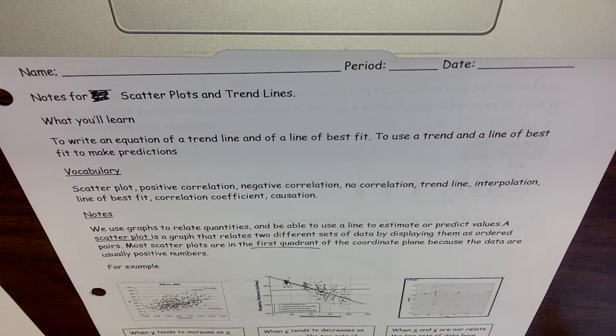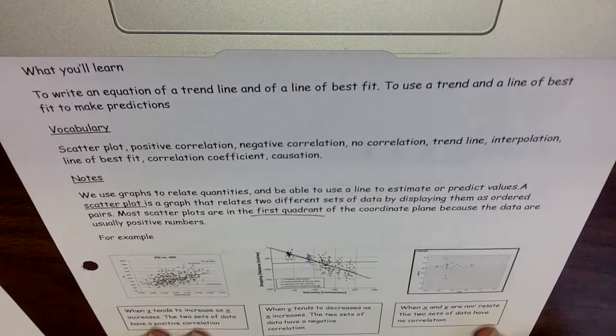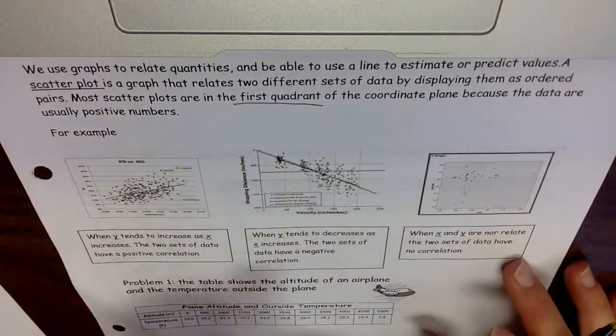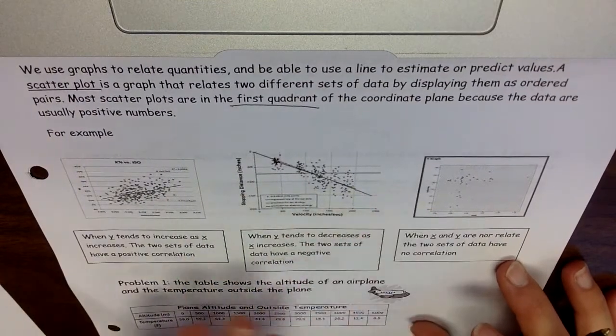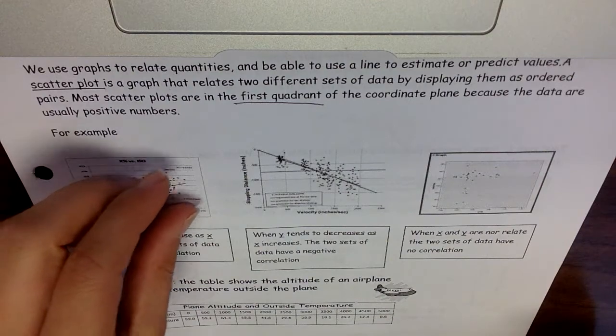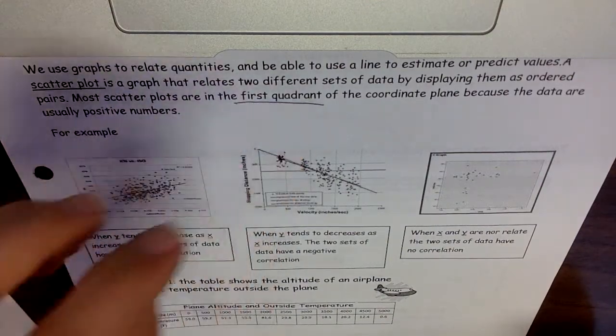Now, a scatter plot is going to have a correlation. So you should see these three graphs. These are examples of different correlations. In this first one, if you notice, all the dots are kind of going in an up direction from left to right.